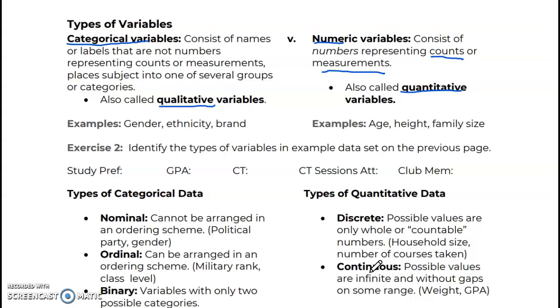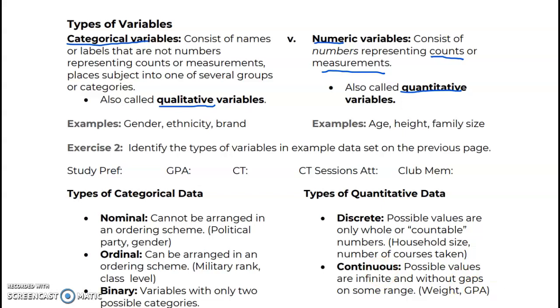This one can be arranged in an ordering scheme, such as military rank, class level, even grades with A, B, C, D, and so on. And one special one we'll look at a little closer later on is binary data, which is variables with only two possible categories.